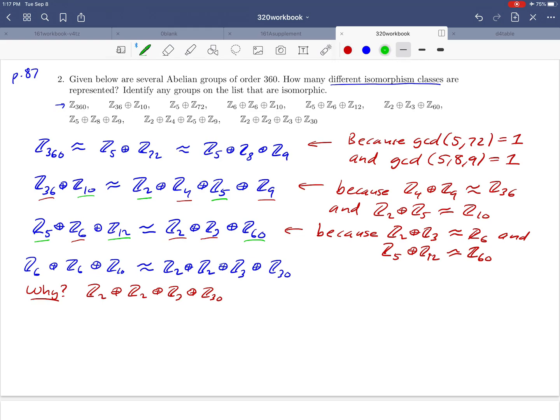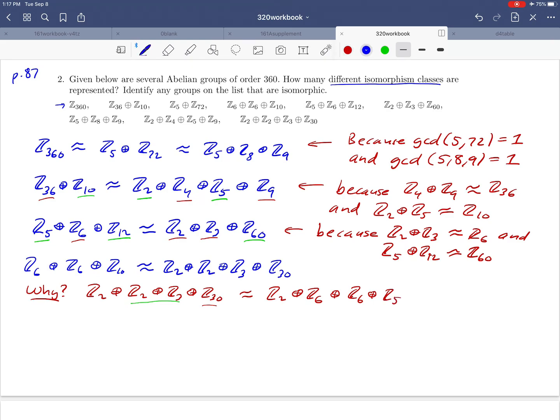One thing we could do is to notice that the Z2 and the Z3, we can put those together into a Z6, because 2 and 3 are relatively prime. And actually one other thing that we could do, just to save a little space at the same time, is take the Z30 that you see here and pull that apart into a Z6 plus a Z5, because 6 and 5 are relatively prime.